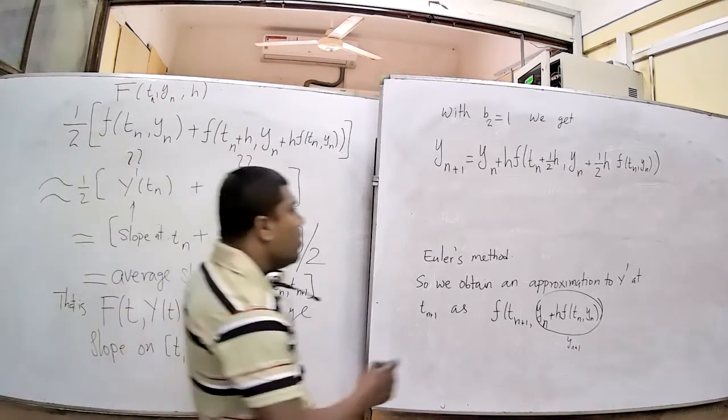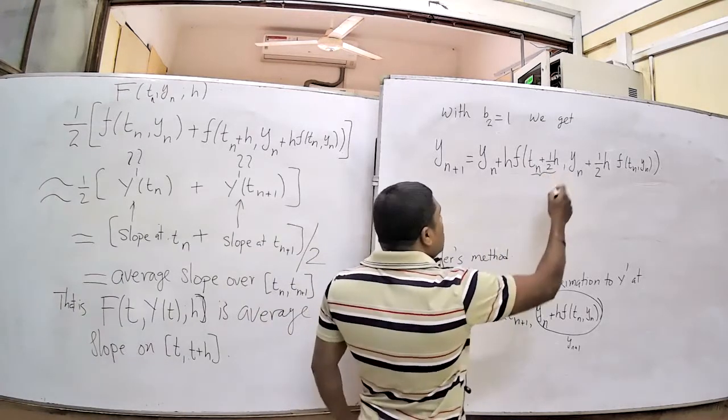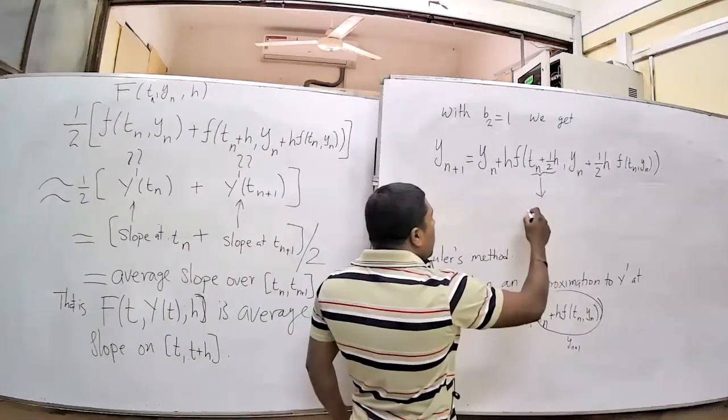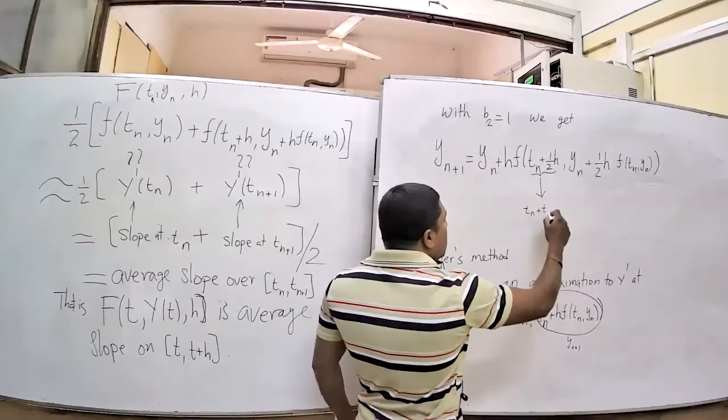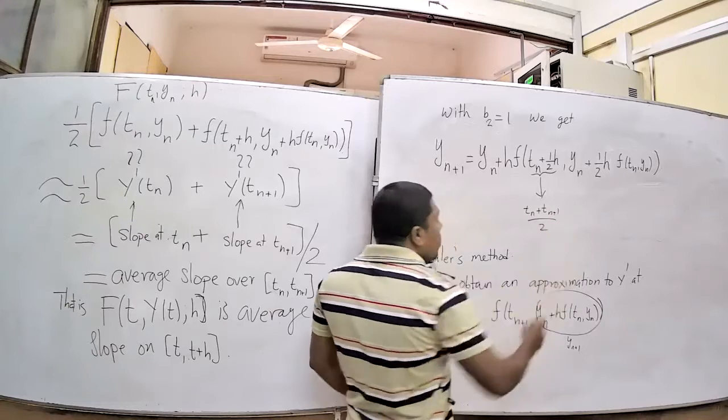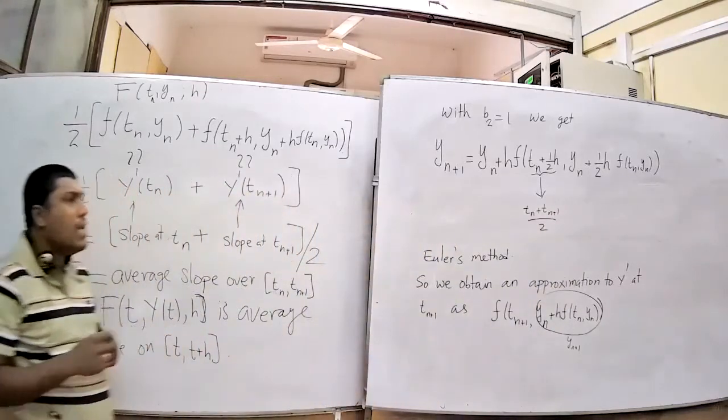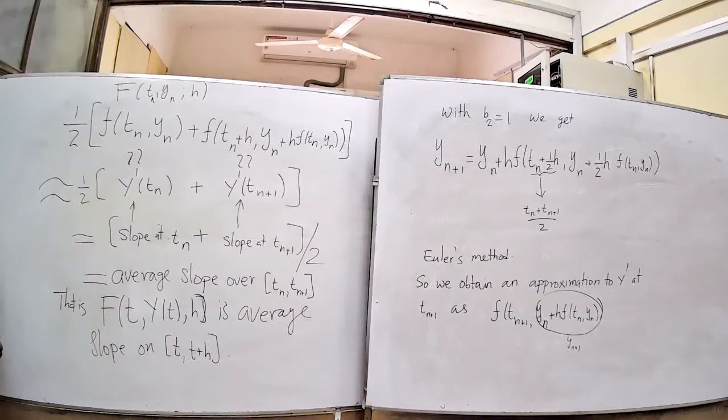Here you can see that this point is somewhere in the middle of Tn and Tn plus 1. So this point is basically Tn plus Tn plus 1 over 2. So the average is about the middle point between Tn and Tn plus 1. At that point you are talking about a certain kind of slope.